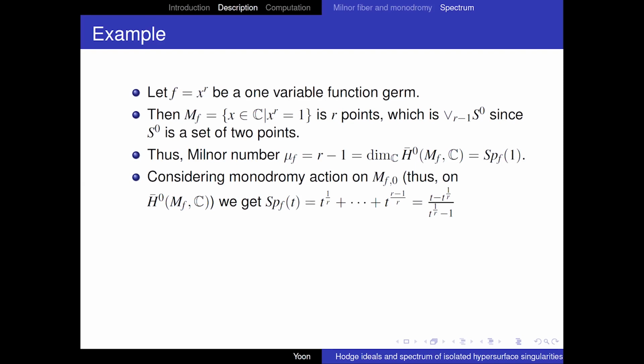So each corresponding eigenspace has dimension 1. So our spectrum is given by t^{1/r} plus and so on, increasing the numerator, up to t^{(r-1)/r}. This can be written simply like this. So we got a formula for the x^r case.